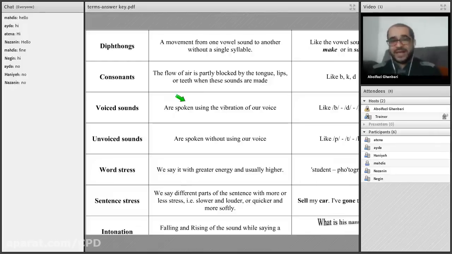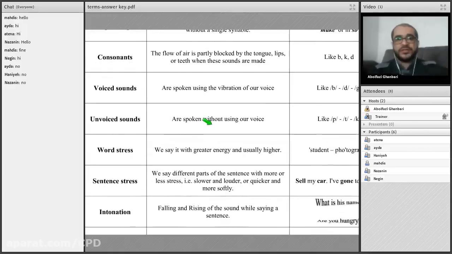We have voiced sounds and unvoiced sounds. The voiced sounds are spoken using vibration. When you put your finger on your vocal cords, the vocal cords vibrate. For example, b, b, b.